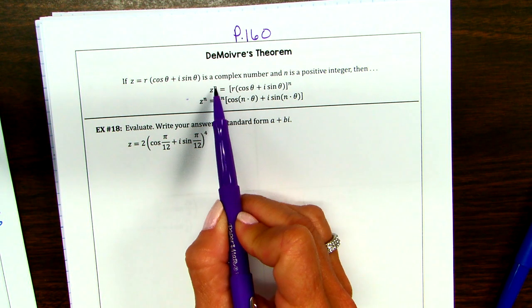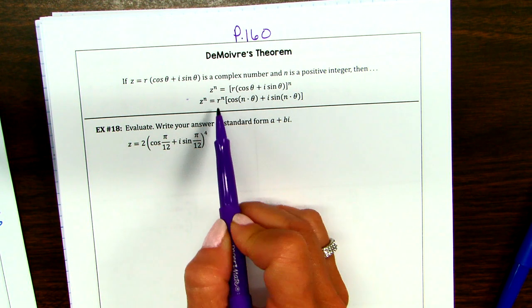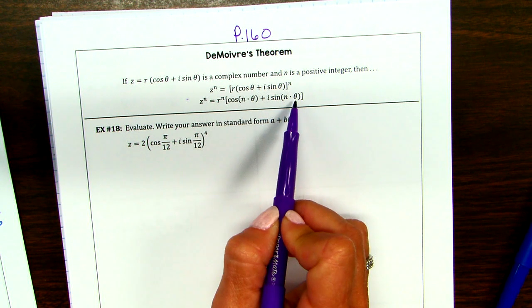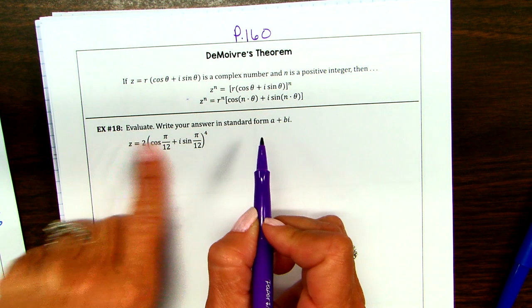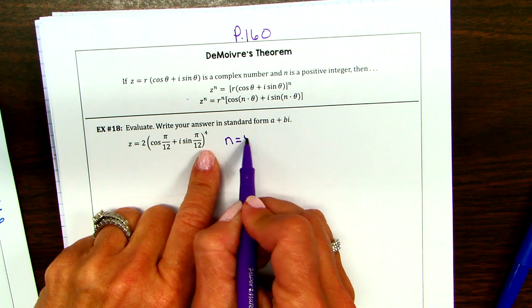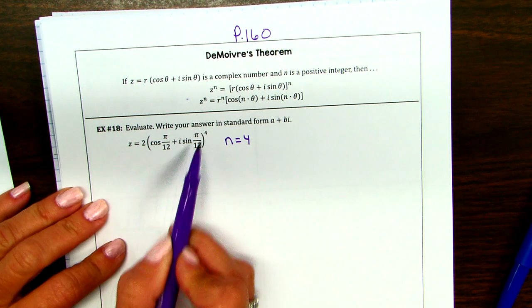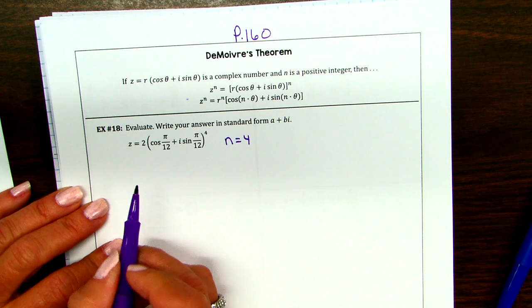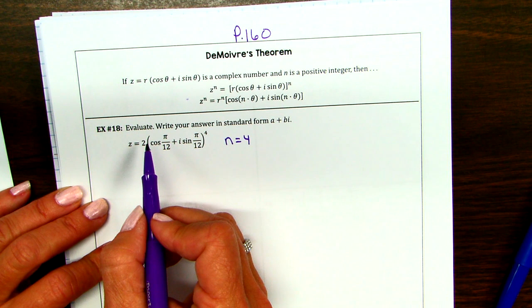So if you raise to a power n, let's see what happens. You do your radius to that power and then multiply your thetas by that power. So n is whatever your power is. So this is raising this whole thing to the power 4. It's actually written wrong. It should actually have, Jordan, do you notice what it's missing?